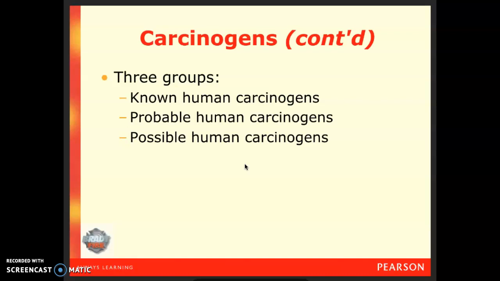We suspect that there's a link. There isn't a whole lot of research to show that that link exists, but there's some data to suggest that perhaps a link exists, and we just need to do more research and more development to try to move it up the ladder if it indeed is carcinogenic.